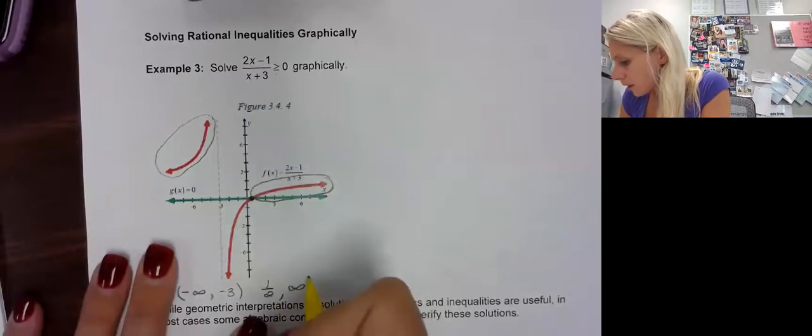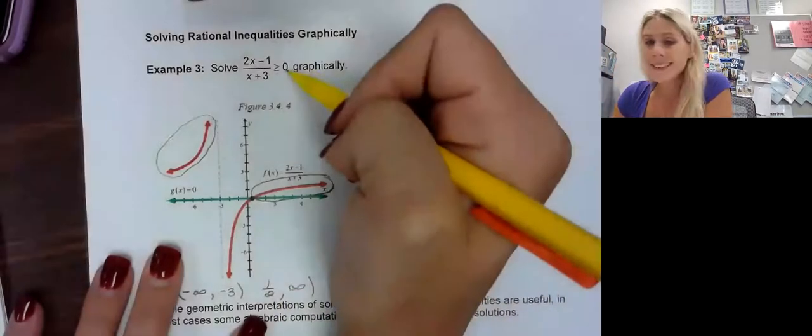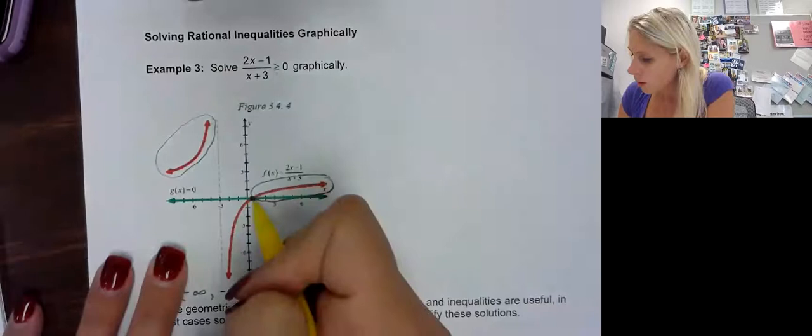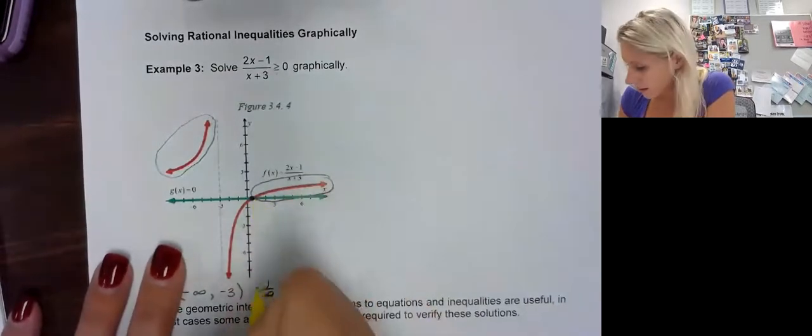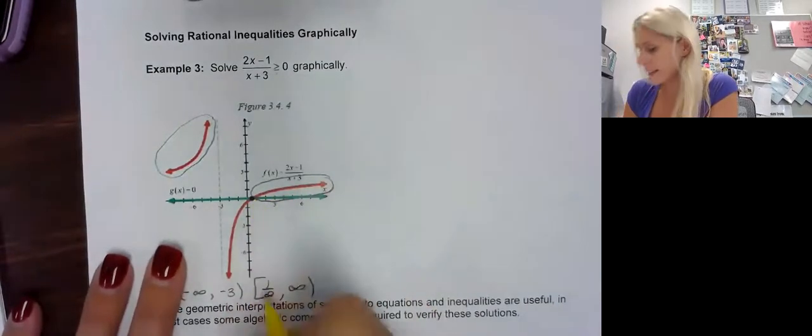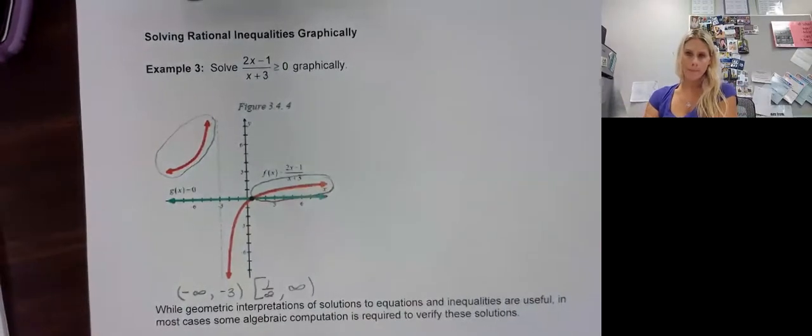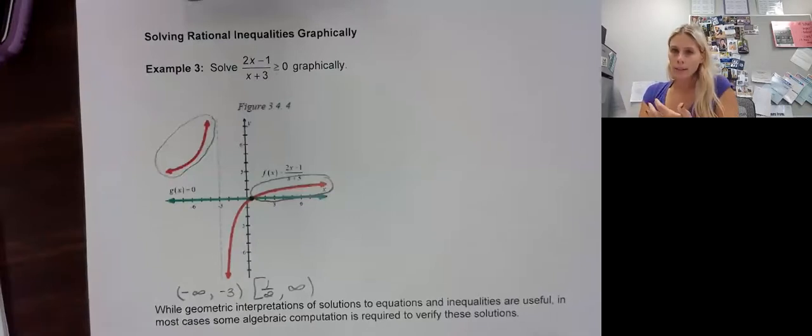The other thing I want you to keep in mind is that this is equal to. So where it does cross, that also contains it. So it's a bracket. Now this is graphically. Really what we need to do is look at this algebraically. How could we have solved this? Okay. So first of all, two things you want to keep in mind.